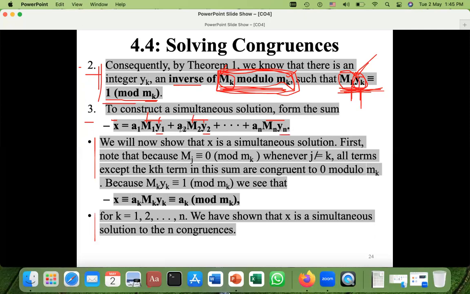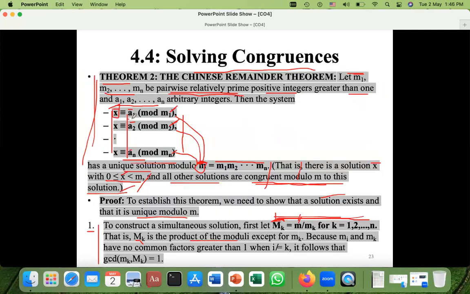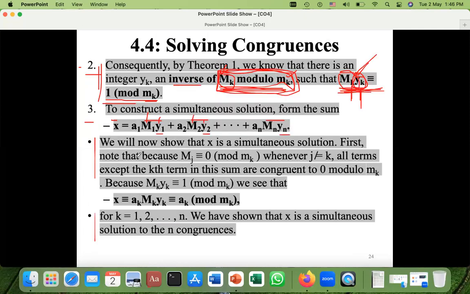And A1, A2, and An are your remainders. You don't have to calculate these; they are already available in your question or problem. So you just multiply them here, and then sum up their values. Then you will get some number, the final resultant number, because after the summation you will get some value here for x.